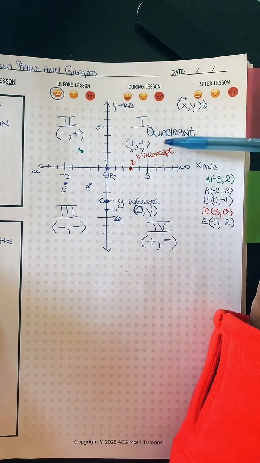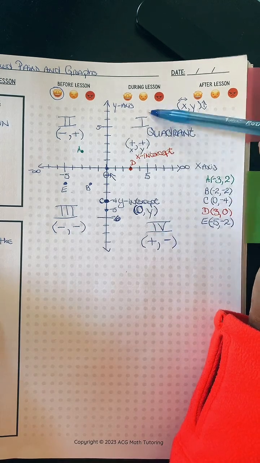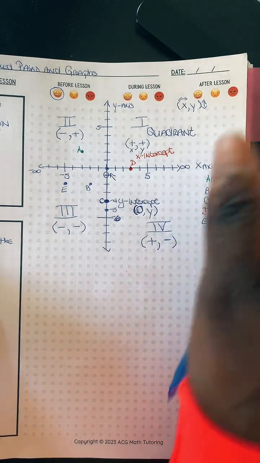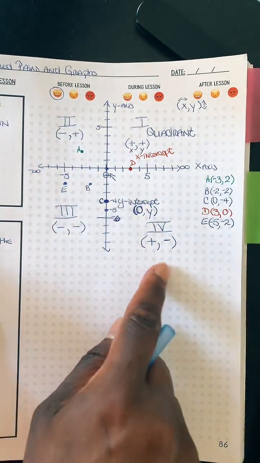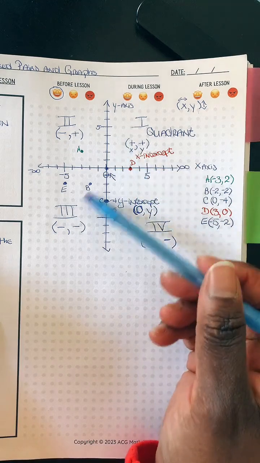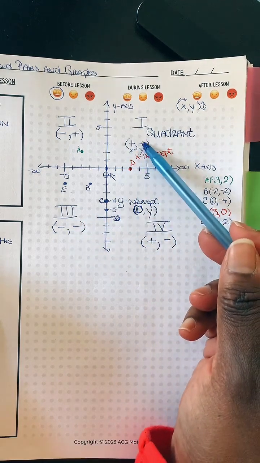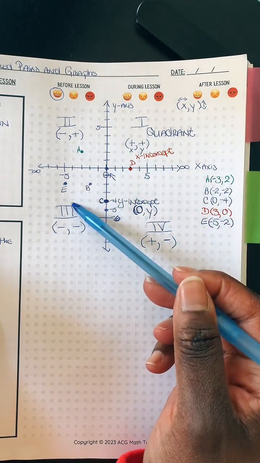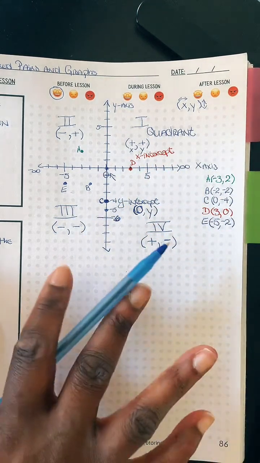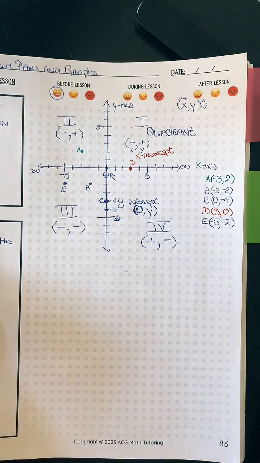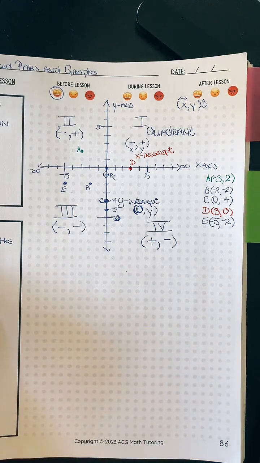To the right of the Y-axis, the X's are going to be positive. Whatever rhyme or rhythm or patterns you want to know, if you go on the diagonal, you have plus, plus, and then over here you're going to have minus, minus. Whatever you want to call it, that's what you want to keep in mind. All right? Questions on that?